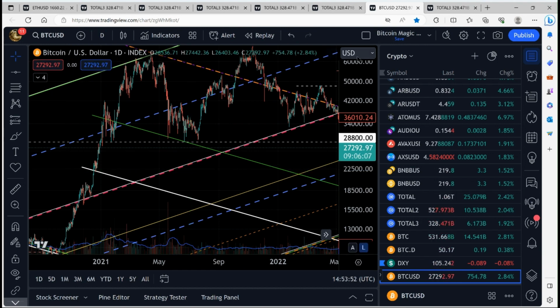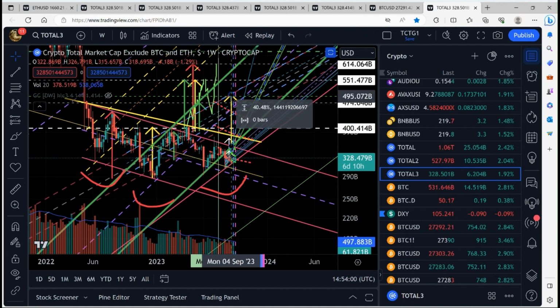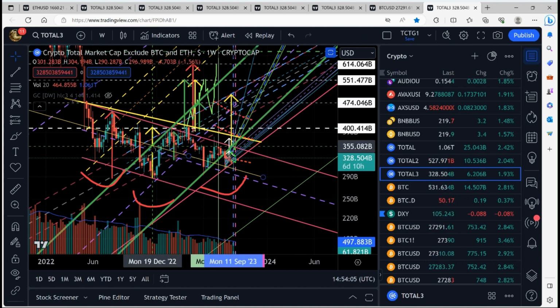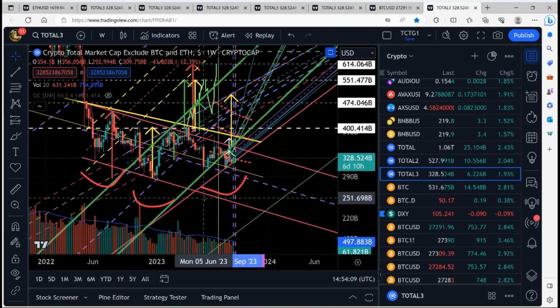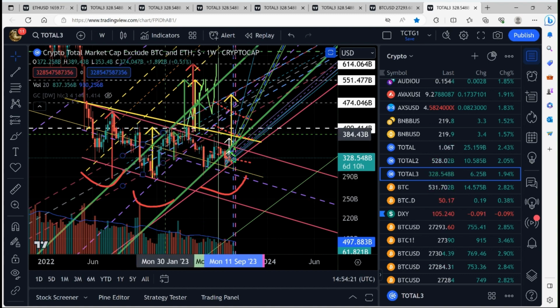So that's that, but it reminded me that I did want to point out where I believe we're heading. The yellow line here on the Total 3 is the measured move from the neckline, I believe. These look a little bit funny here.